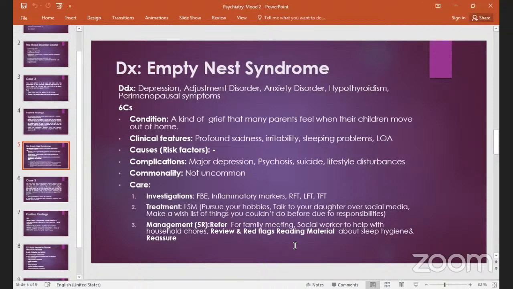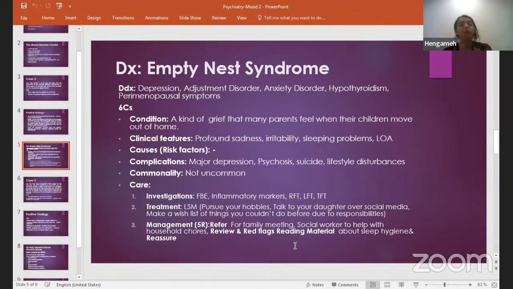Ma'am, I have one doubt. Like, it is different from adjustment disorder, this empty nest syndrome. What is the differentiation between empty nest syndrome and adjustment disorder? So adjustment disorder presents with low mood or anxiety. In adjustment disorder, it's usually a difficulty coping.